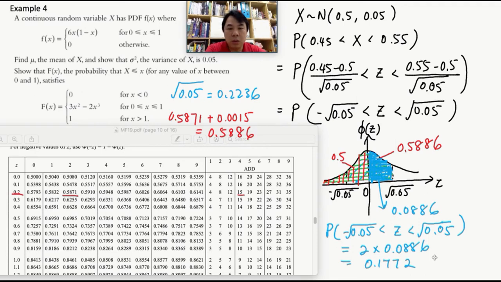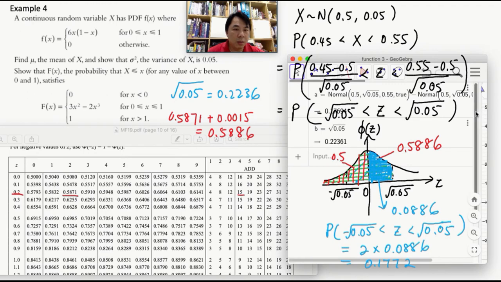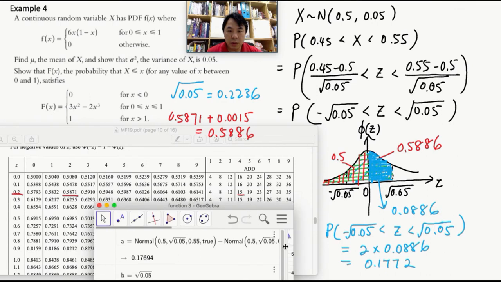That is how we use technology to compute that value of area, and how we use the data booklet to obtain the answer. Now, just to check back again what we obtained before while using technology. You can see that using the technology itself, we are able to get 0.7694, so that is quite close.